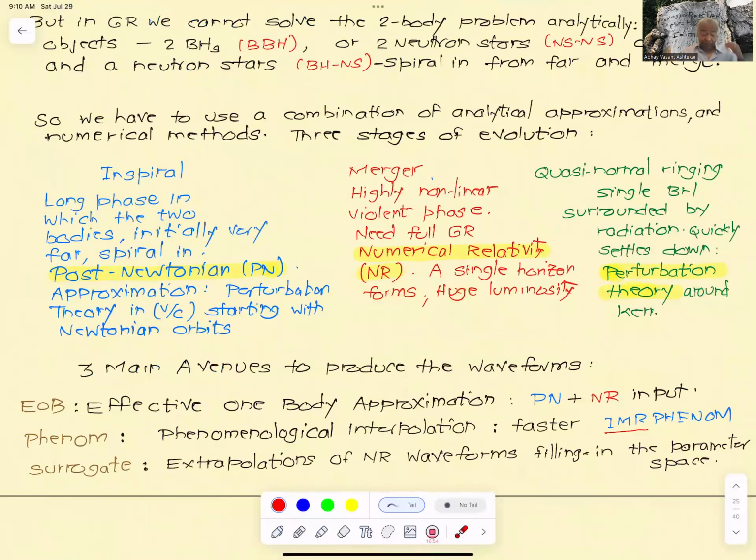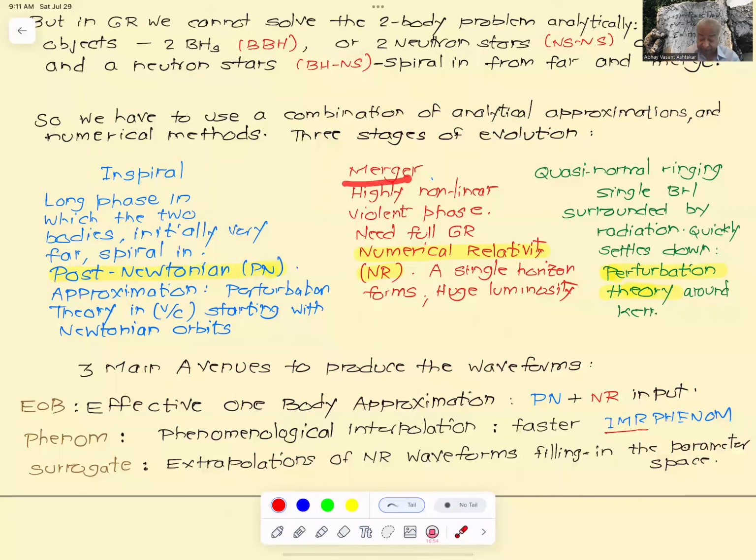So the inspiral phase is a long phase in which the two bodies, initially very far apart, spiral in. And here one can use post-Newtonian approximations and perturbation theory in v/c, starting with Newtonian orbits. And you have heard about this post-Newtonian theory in Piotr's lectures.